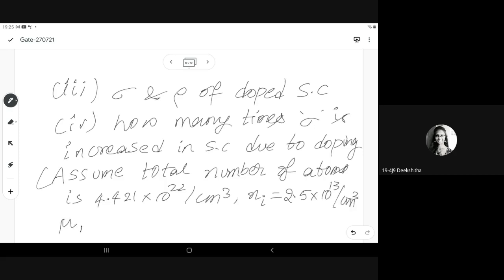Mu n, mobility of electrons, is 3800 centimeter square per volt second. Mu p, mobility of holes, is 1800 centimeter square per volt second. All of you write the question, make it fast.